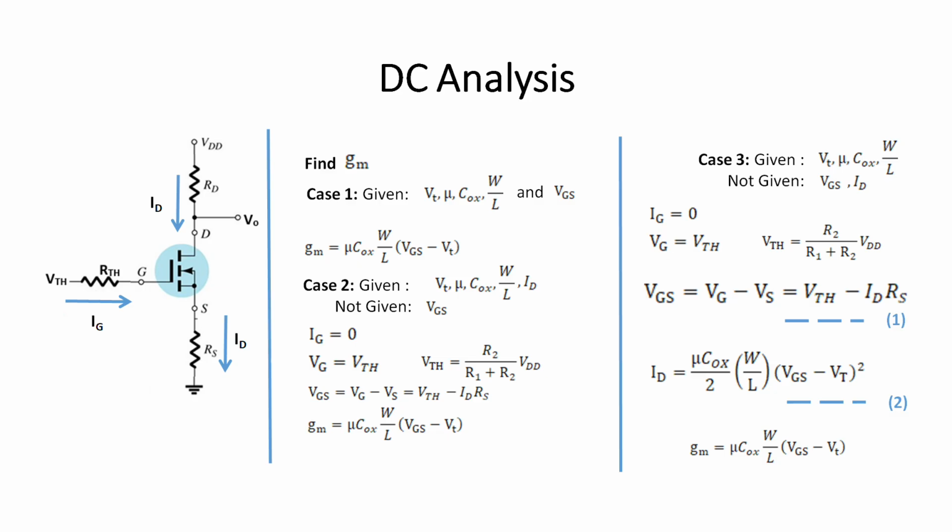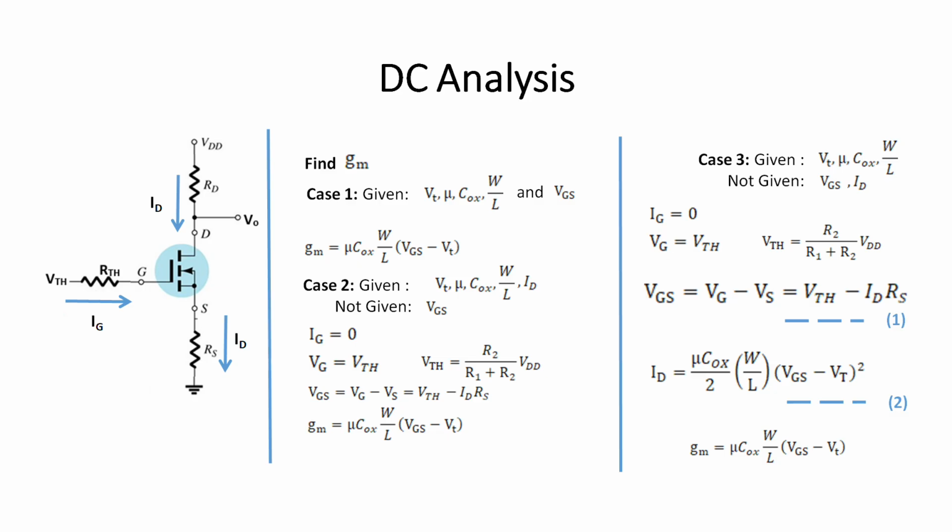Now, first, how to find transconductance? To find transconductance, here we are considering three cases. First case: the threshold voltage of the MOSFET is given, mobility mu is given, oxide capacitance is given, W by L ratio is given, and VGS is given.